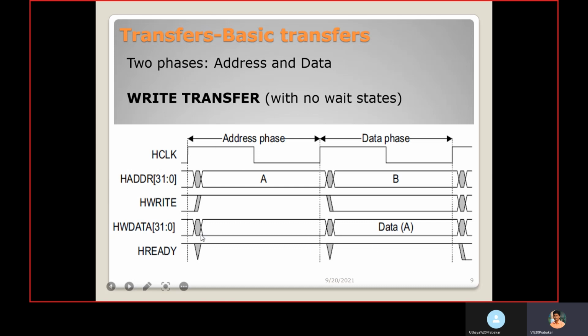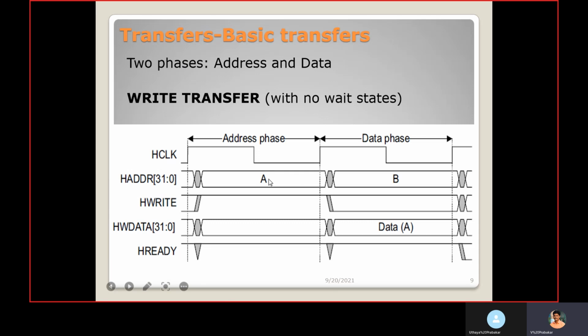So first in the address phase, we need to give the address and the control signals. At the passage of clock, we are sending the address, HADDR as A, then the control signal HWRITE as 1, that means we are going to perform write. Then this HWDATA we have to introduce in the data phase, the next cycle.